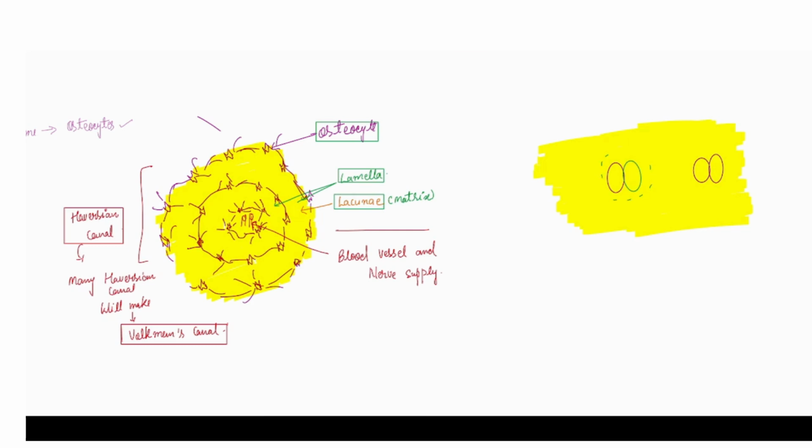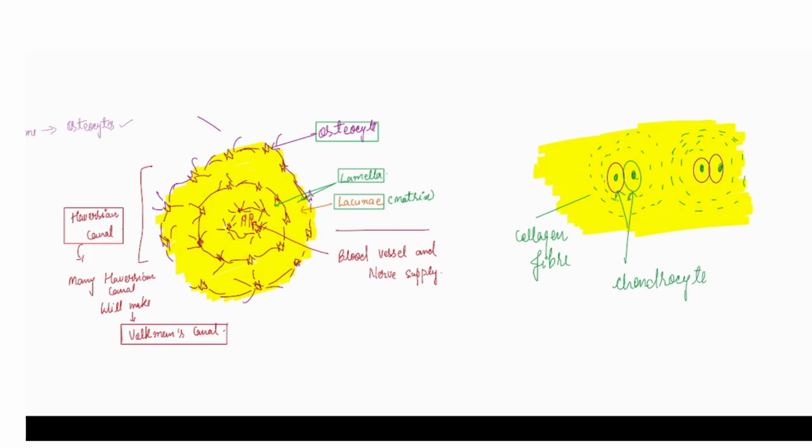There would be only two cells, osteocytes, sorry, chondrocytes, but in the center there would be a specific circular arrangement like this. This is the arrangement in which these chondrocyte cells are present. These are the collagen fibers, the fibrous arrangement, so we call it collagen fiber. In the center of the collagen fiber there would be this cellular arrangement. These are the chondrocytes.